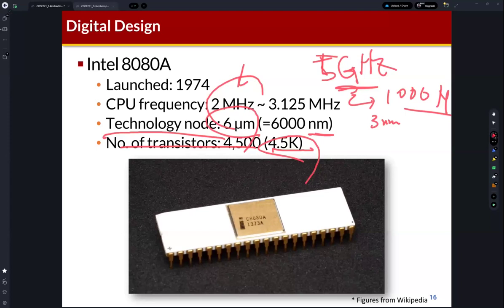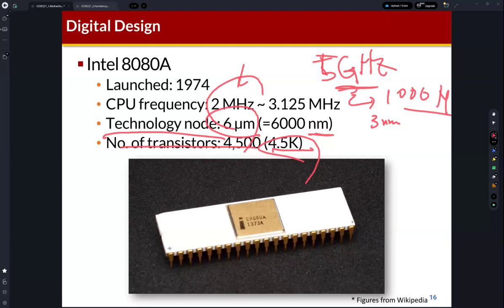Also, I mentioned in the previous class that recently every nation focuses on developing their own semiconductor fab. It's a factory. It is because this technology is very important, very critical.